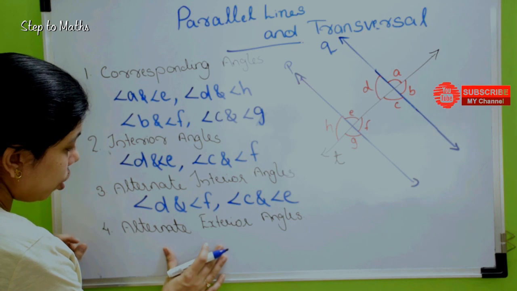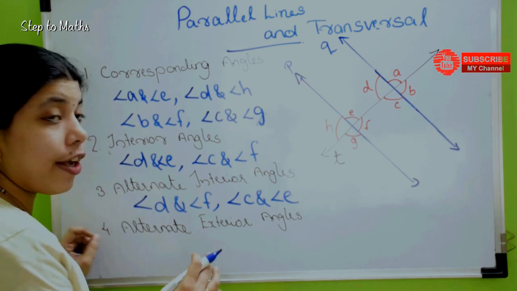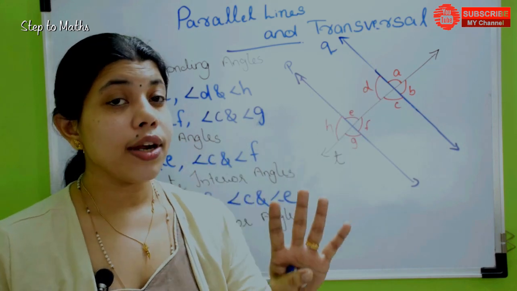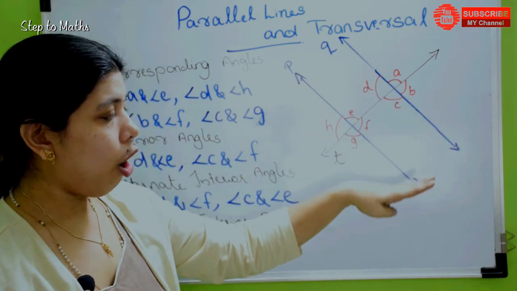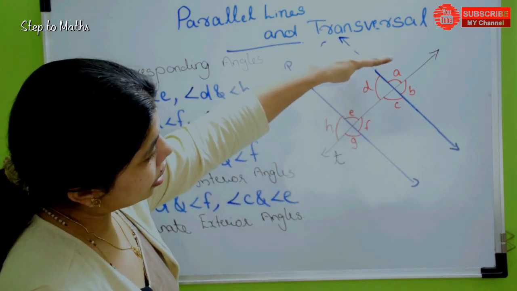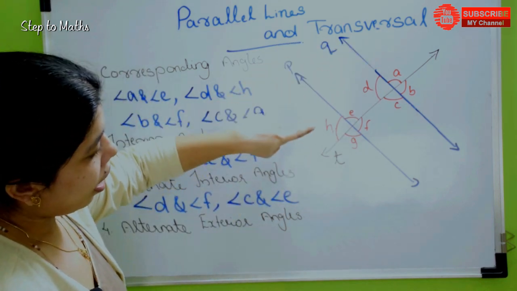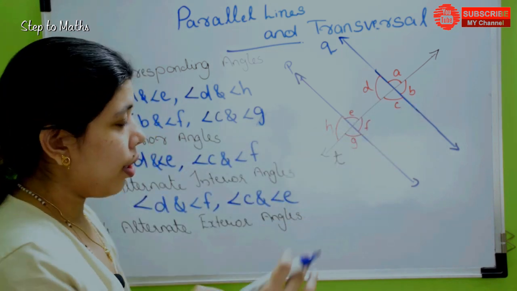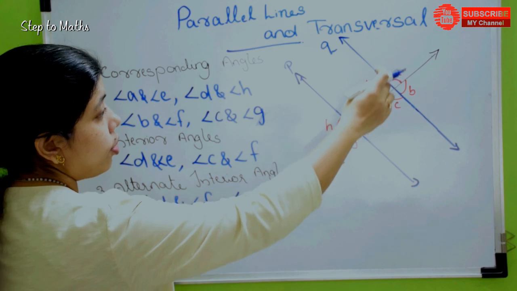Now we try to identify alternate exterior angles. Alternate means angles on opposite sides of the transversal. So which are the exterior angles? Angle A, angle H, angle B and angle G. Out of these, which are alternate?